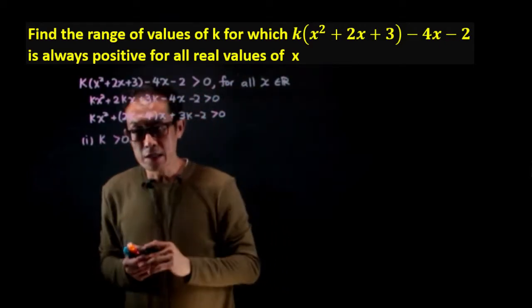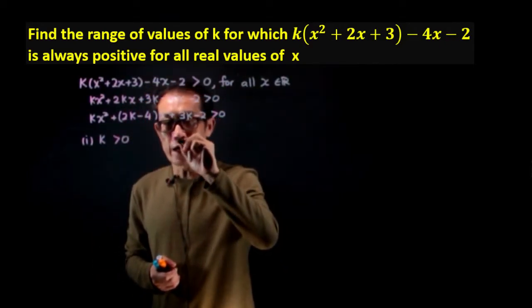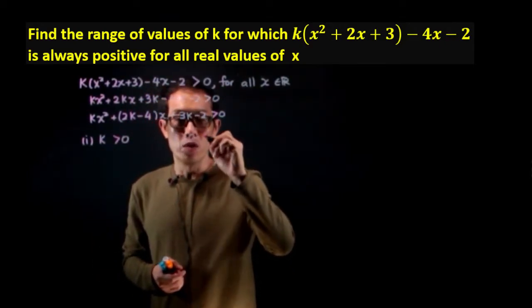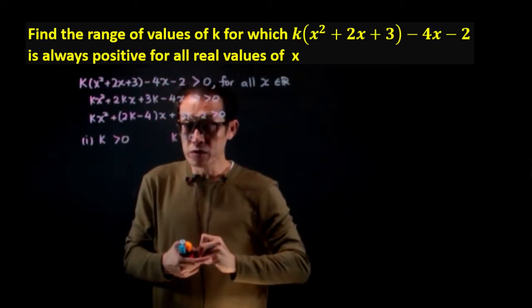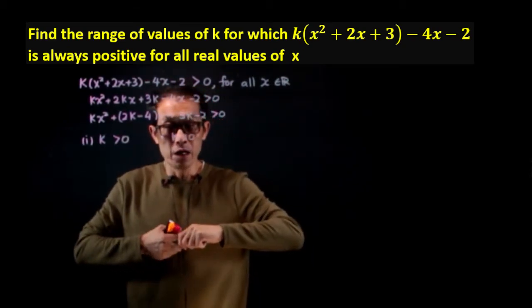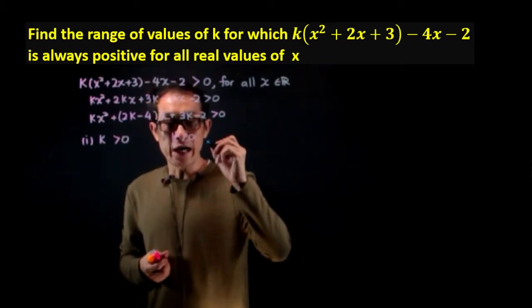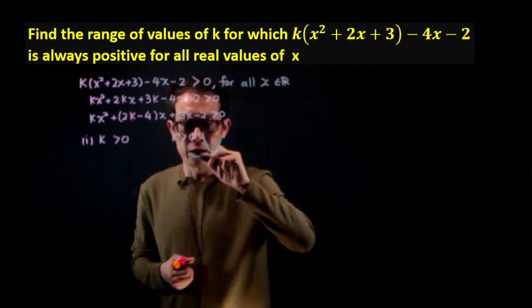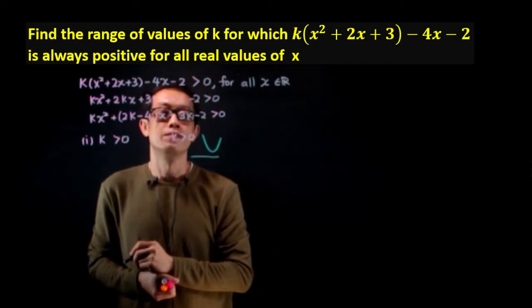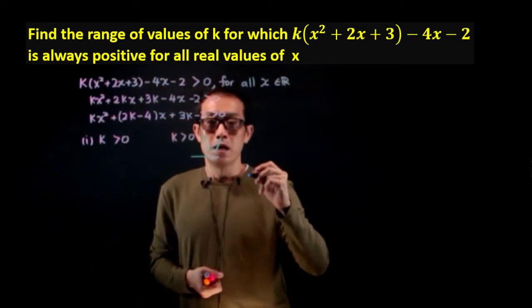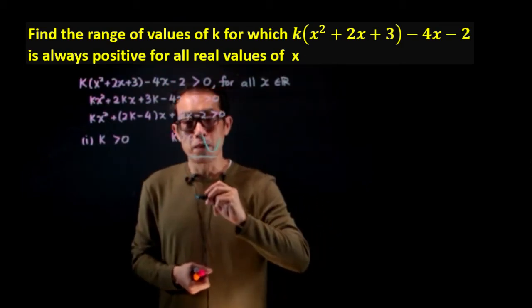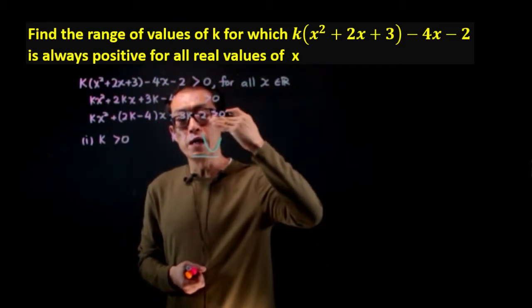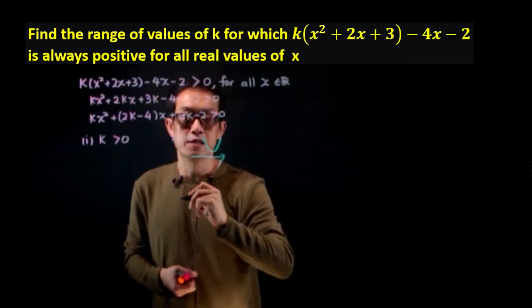Now, why is this so? Now, if k is greater than 0, the shape of your graph is this way. Now, you want it to be always positive, so this minimum point must be above the x-axis.